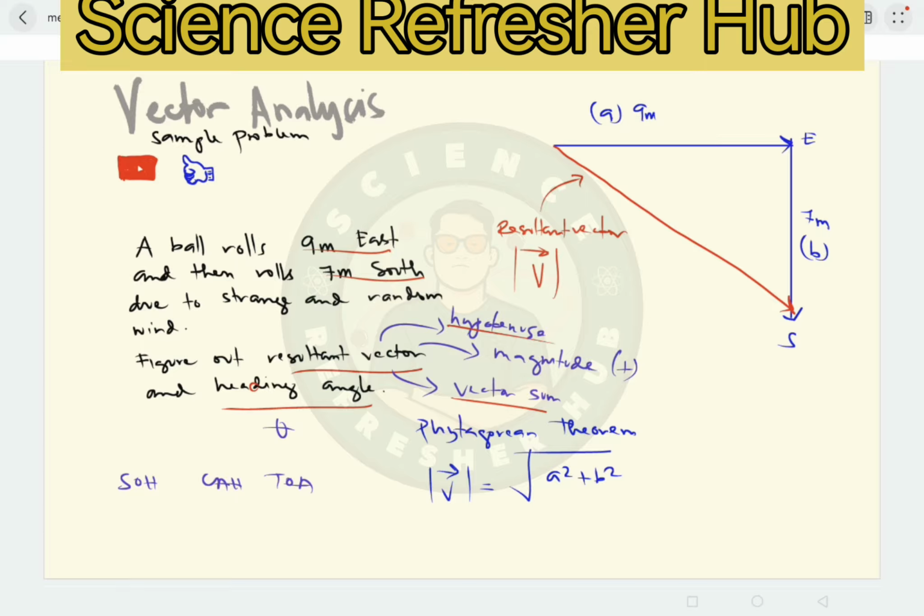Very easy. A is 9 meters. Don't forget to square it. And B is 7 meters, and then squared.